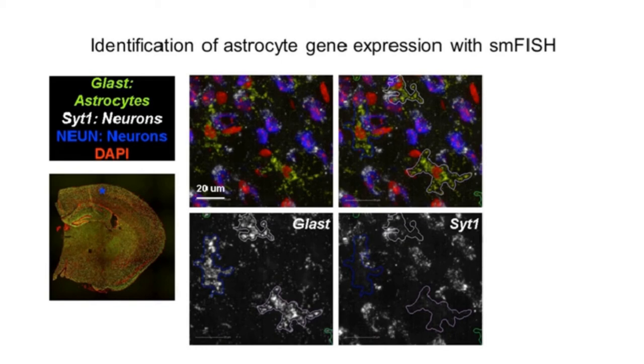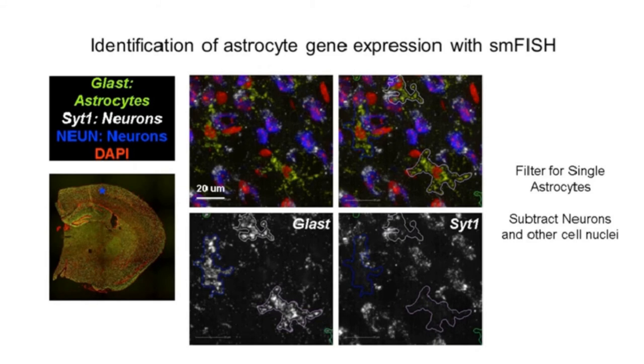When we compare this labeling to what we see for neurons, identified by neuron immunostaining here in blue, or the Slc17a7 SM-FISH, which is a highly expressed neuronal marker, we see that Glast single molecule FISH gives specific labeling of astrocytes.